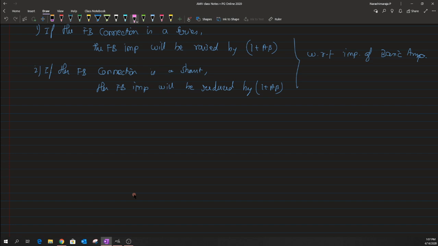Okay, so let us go for the second case, which I call the practical case.